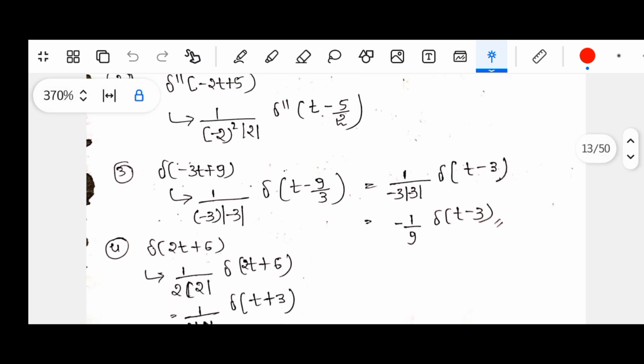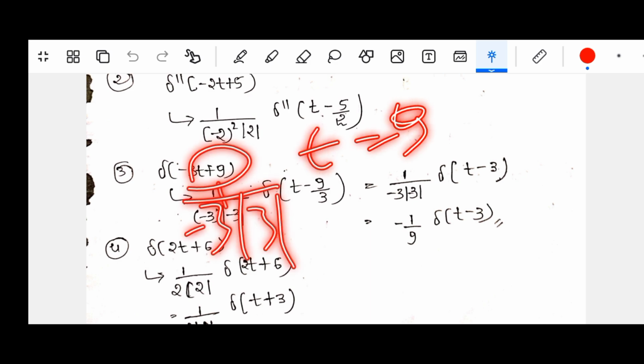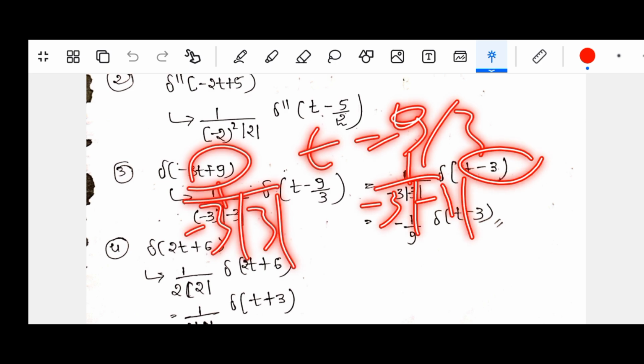Next, δ(minus 3t plus 9). Take this 3 outside. For a single differentiation, it means 1 divided by minus 3 mod of 3, with the location being t is equal to minus 9 by 3. Therefore 1 divided by minus 3 into mod of minus 3, δ(t minus 3).